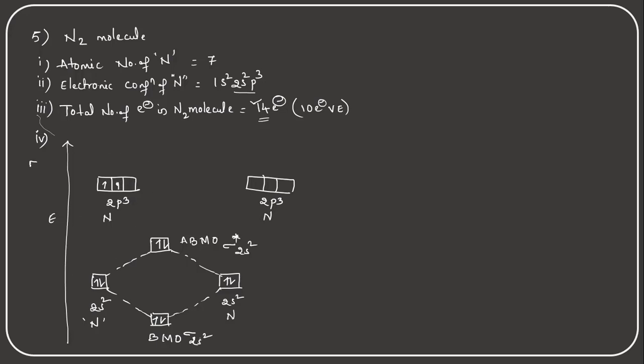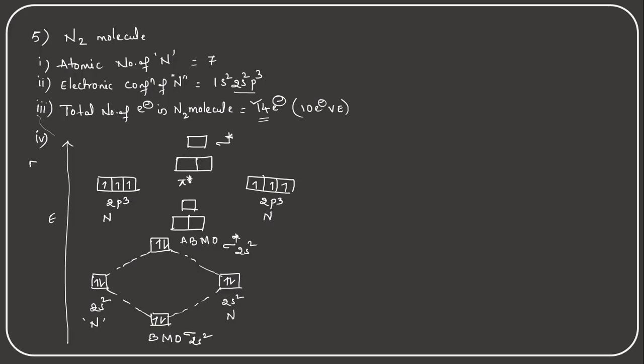One electron is present in each p orbital. And as I told you, for nitrogen the pi bonding orbitals have less energy than the sigma bond here, and the pi star orbitals have lesser energy than the sigma star anti-bonding molecular orbital.